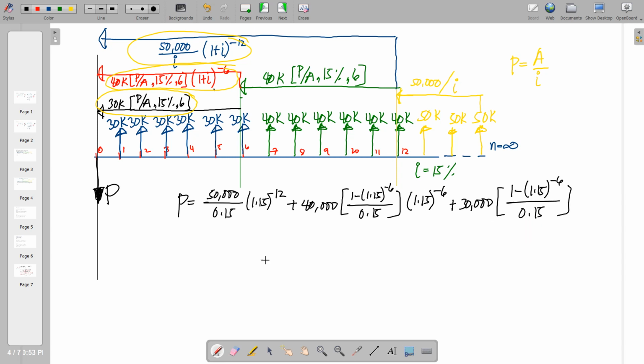Okay, so, computing now the values. So, these similar terms will yield to 3.78. Okay. So, we will yield to 241,282.32. So, that's about perpetuity.